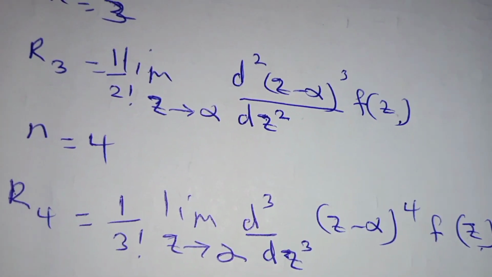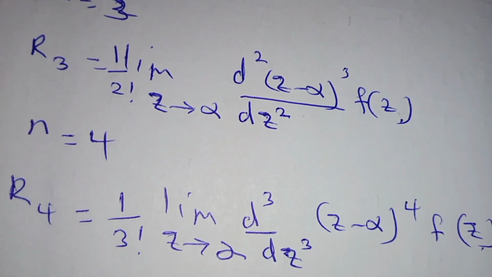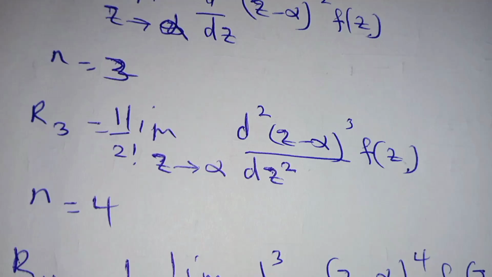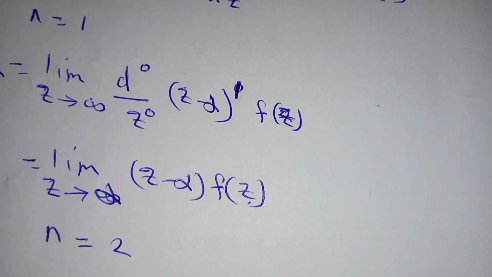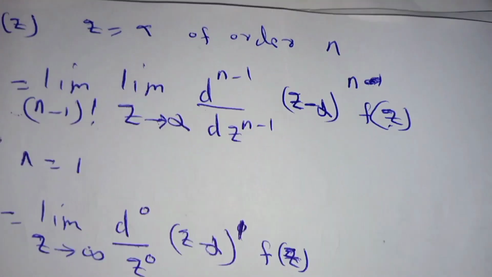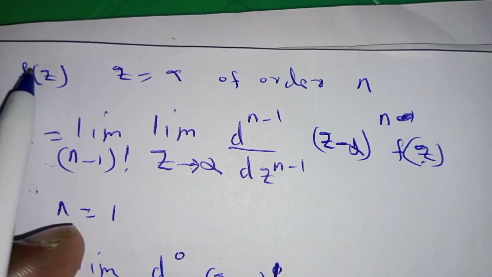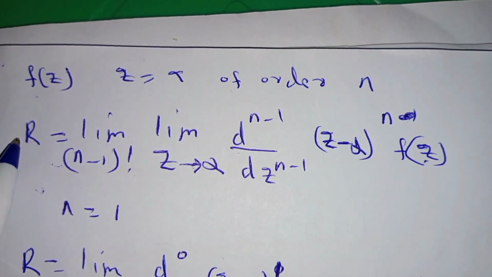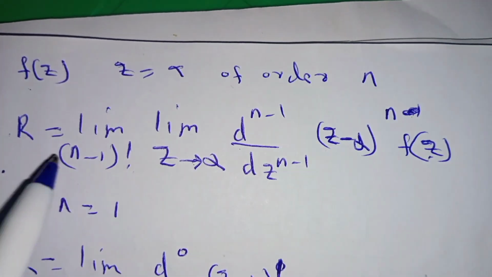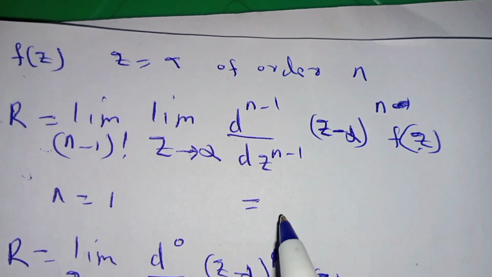So today we have considered the general case on how to get the residue at multiple poles. The general formula is the one which I have given here. Remember, this formula can be reduced as follows.